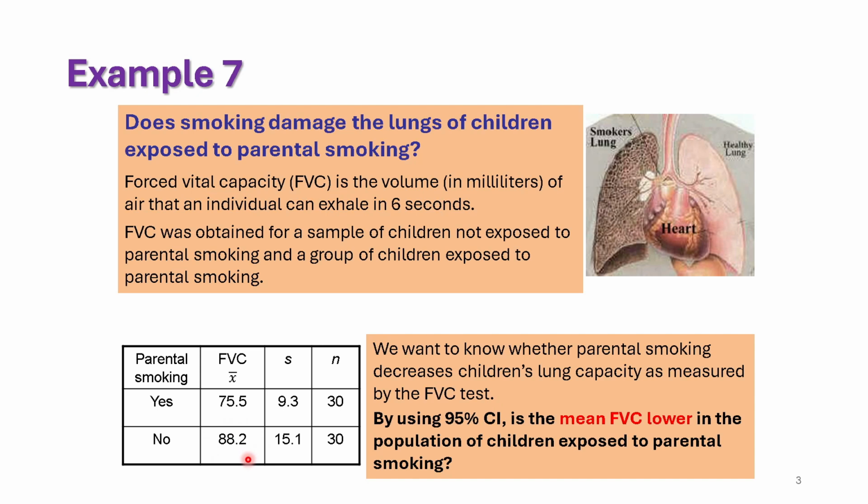So those exposed to parental smoking have lower FVC, meaning lower air that can be exhaled in 6 seconds. Then we use 95% confidence interval. Is the mean FVC lower in the population of children exposed to parental smoking?